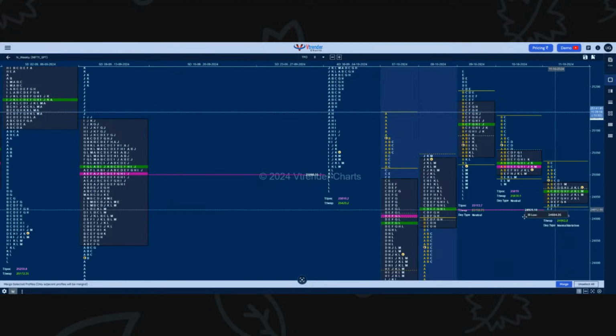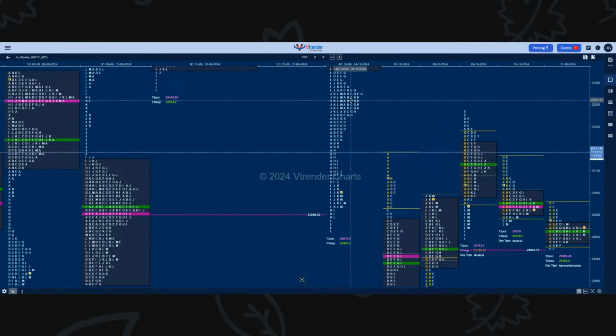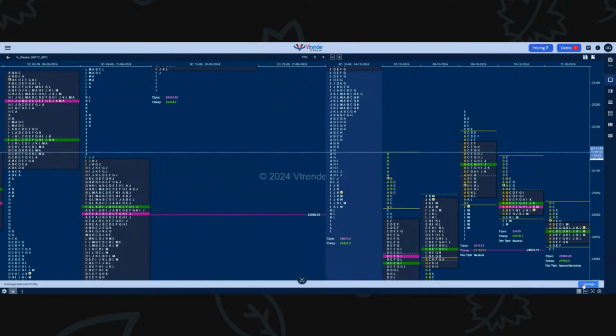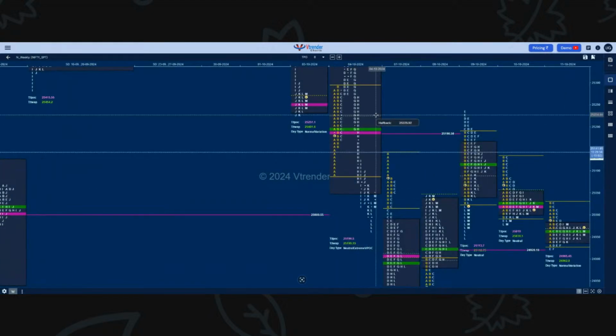So it was telling us that the buyers who had come in on this day were defending this zone. Here, definitely we got supply coming back. And if I unmerge this previous week's profile, we can see how the highs of last week were getting stalled right at this important halfback of 4th of October, which was again a neutral extreme day down. So we left a selling tail here. The supply was coming back, but we are not able to break below this.